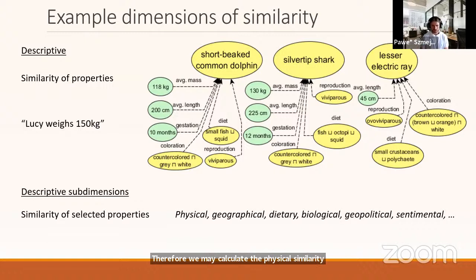And the physical subdimension may also be divided into more and more granular ones, going down to, for example, the dimension of color. If we only care about color, we may also use such a very small and granular physical subdimension of the descriptive dimension of similarity. And in a similar fashion, we may create many more subdimensions. Examples given on the slide are, for example, geographical.